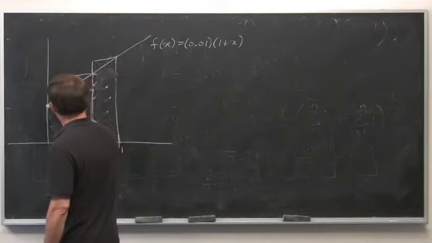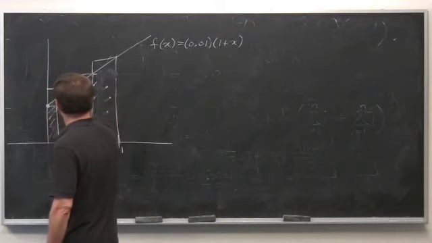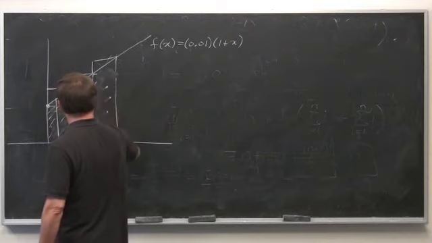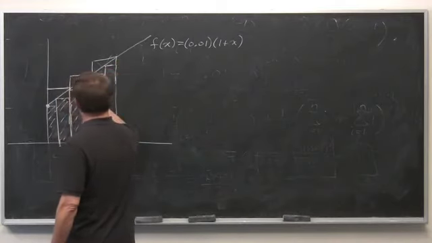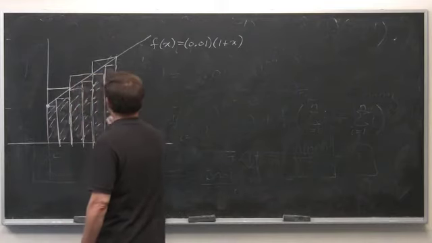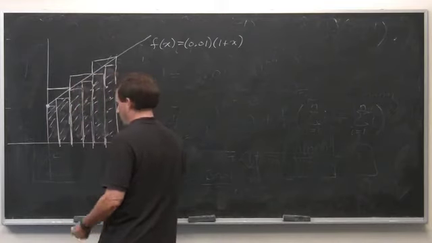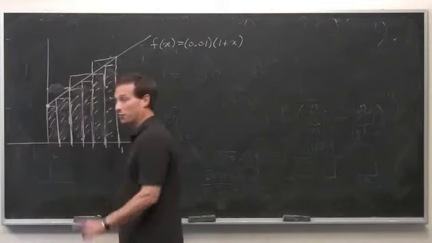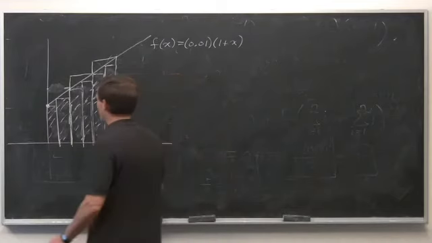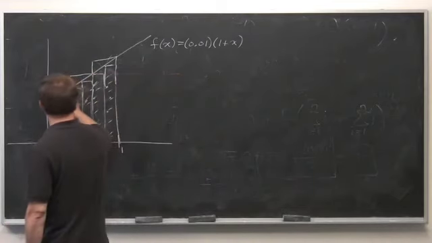Then you still use left Riemann sums. So now you get more rectangles. And we hope that our approximation is better, but as I've said before, for a general function you don't know that, but for an increasing function you do. Or if it were decreasing you would know it. It's when it's both increasing and decreasing that you have a problem.